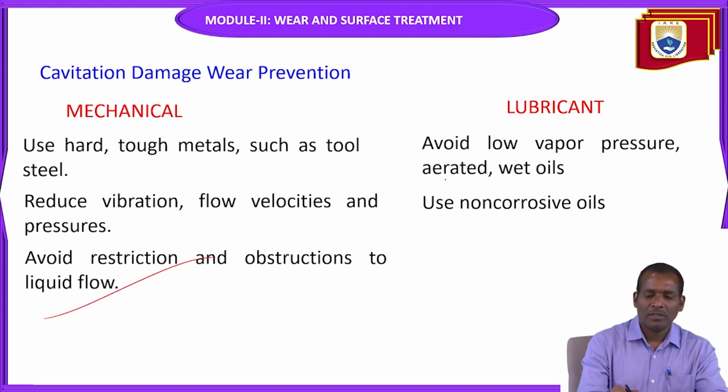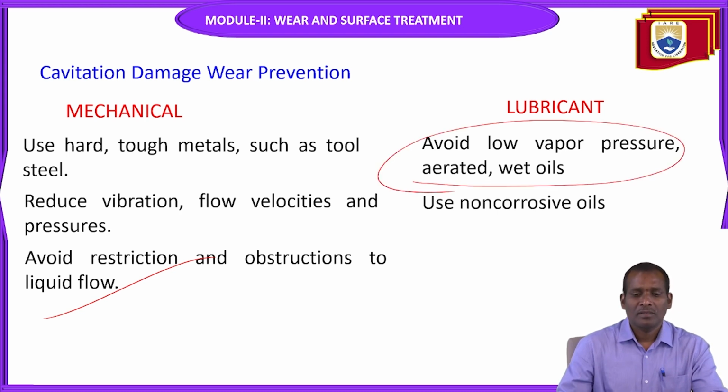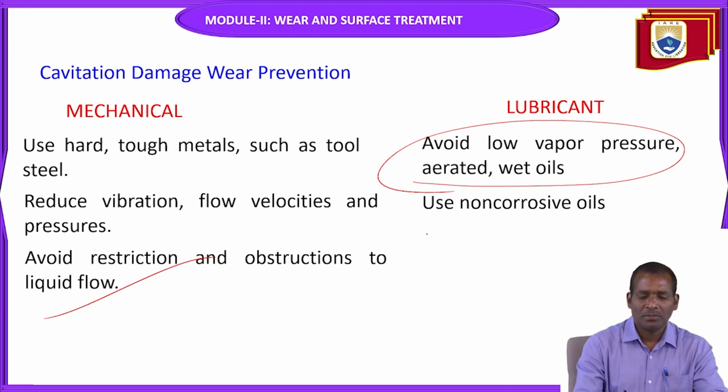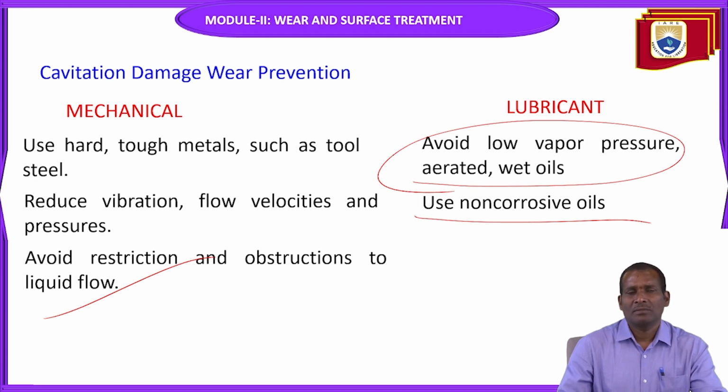From the lubricant point of view, avoid low vapor pressure, wet oils, aerated oils always avoid, and use non-corrosive oils. Don't use corrosive oils. So by applying these methods, you can reduce this type of cavitation damage wear.